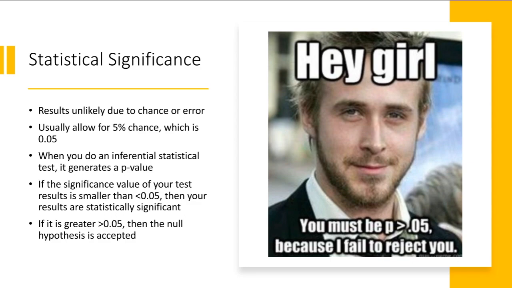It just means that your variables don't really have a true relationship beyond coincidence or beyond chance. Okay? So these are the basic things that you need to understand before we get into doing our correlational analysis.